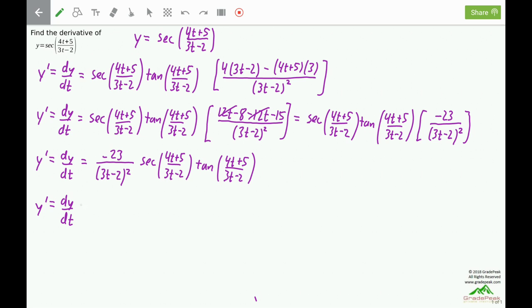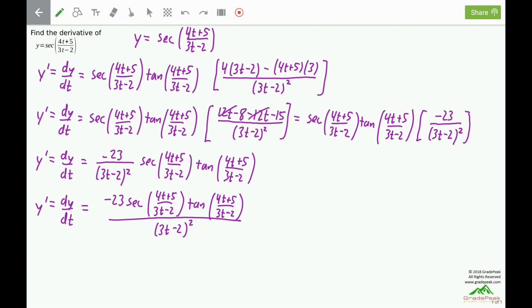Y prime or dy dt will be, and all we do is put the secant and the tangent with that negative 23 in the numerator of the overall fraction. Other than that, we leave the secant and tangent alone. So I'll just rewrite them exactly as we see them. And then this entire thing is over (3t minus 2) quantity squared.